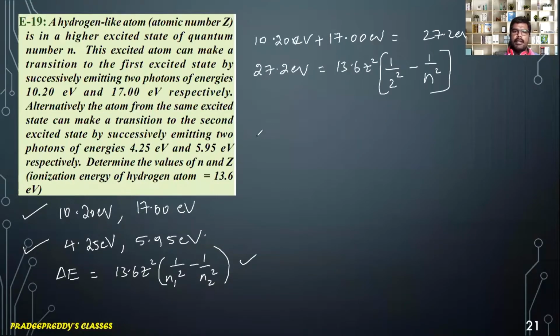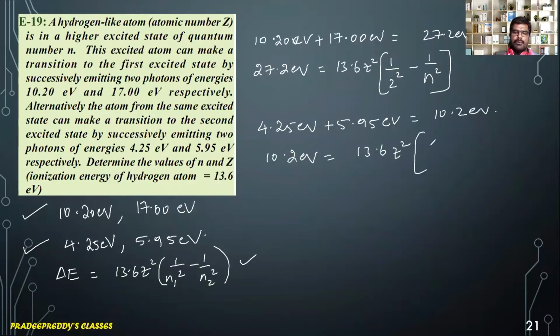Simultaneously, you can take the other emitted photons as 4.25 electron volt plus 5.95 electron volt, which is equal to 10.2 electron volt, and this will be equal to 13.6 Z square into 1 divided by the next level.